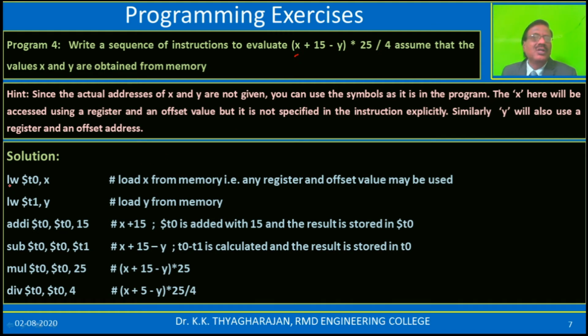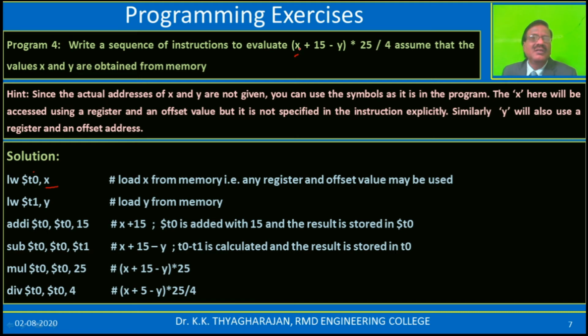For example, load word $t0, comma x. So this x requires an offset and base address. We need not specify here. So that value will be brought from the memory, and it will be stored in $t0. So x is what?